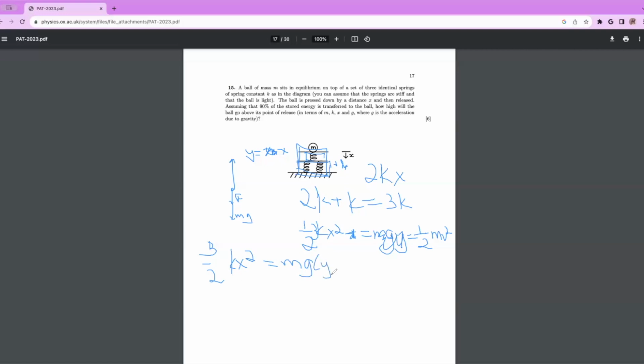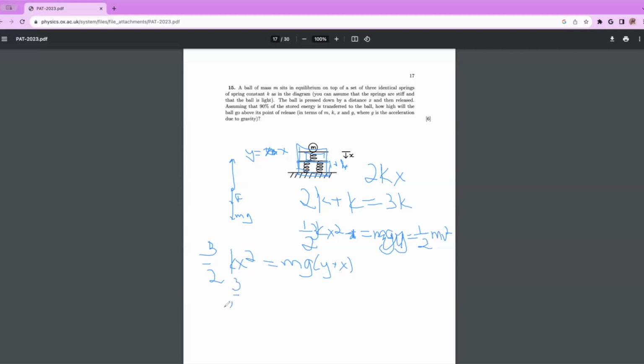So the y final was y, which is the maximum height, and y initial was actually negative x. So we will actually have y plus x here. Ew, do I have to do quadratic? Oh, I think I have to do quadratic equation. This is not fun.